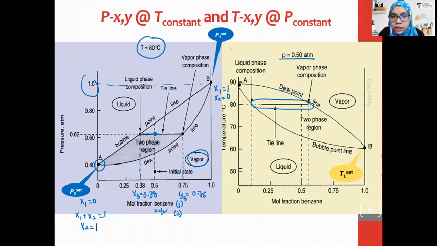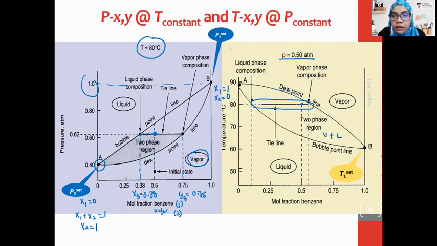For example, initially we have 0.5 here. In the vapor plus liquid region, to determine the composition of vapor and liquid, we use this tie line here.